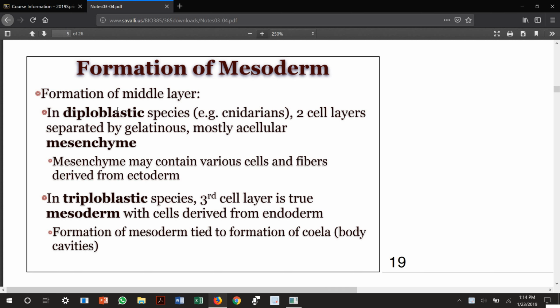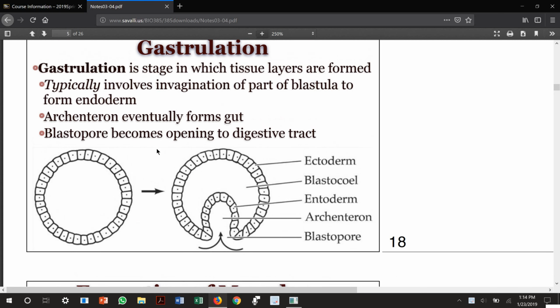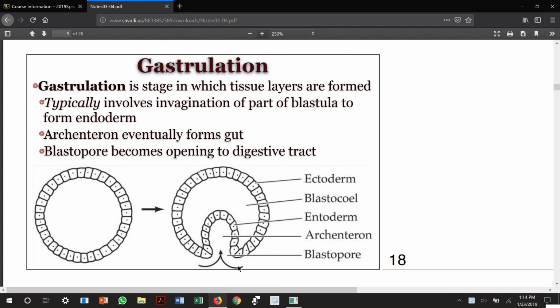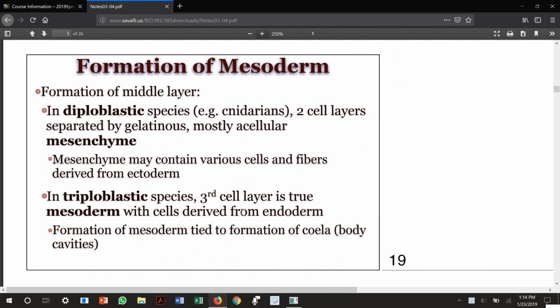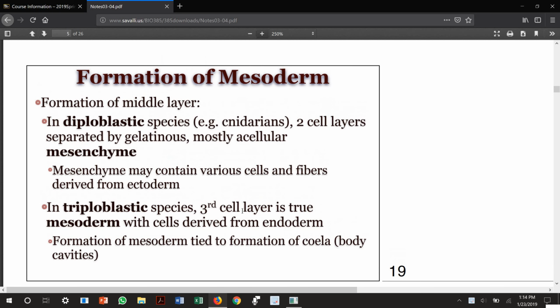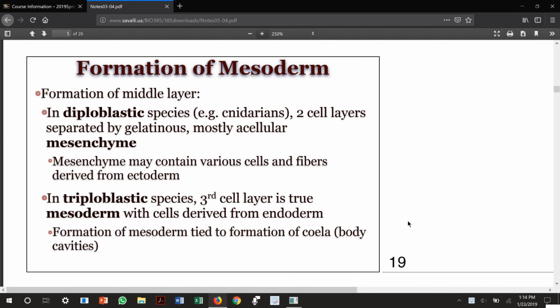This here is not all that different from a highly schematic view of something like a jellyfish. That is, you have your gut here, you have your mouth, your tentacles that hang down around the mouth, and so on. And inside here, you would have a mesenchyme, which is a gelatinous, mostly acellular material that can be somewhat jelly-like, can be harder or softer, thinner or thicker, depending on the kind of cnidarian you have.